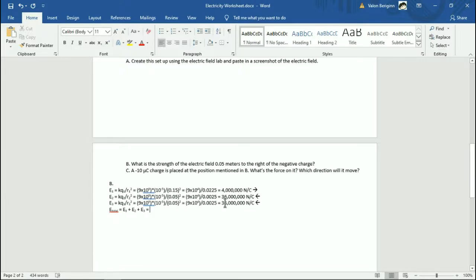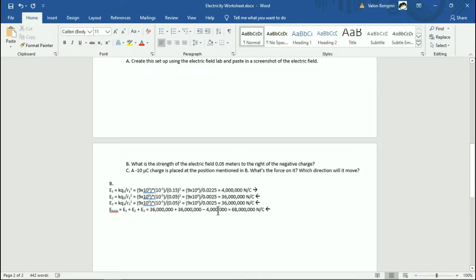So we'll just say left is positive, and therefore we end up with 36 million plus 36 million minus 4 million, which ends up being 68 million. Newtons per coulomb, to the left.